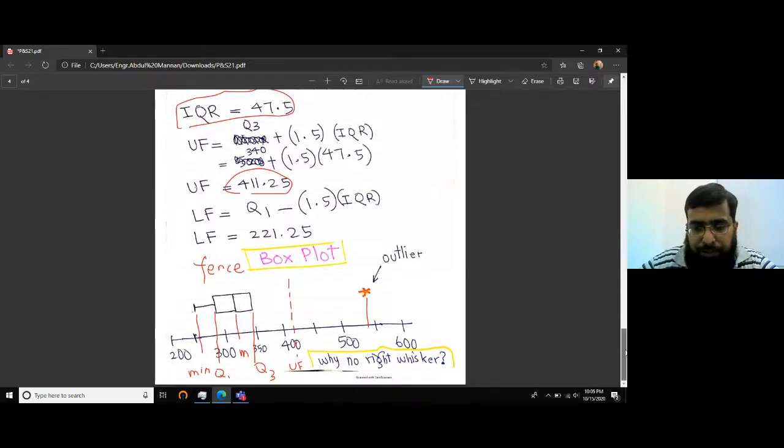If there are more examples in the book, you are welcome, in fact encouraged, to solve more examples of box plots so that you can understand the concept well. So there is a question: why no right whisker? I have already answered that. No right whisker because there is no number greater than Q3. In fact, there is one number, but that number is an outlier.